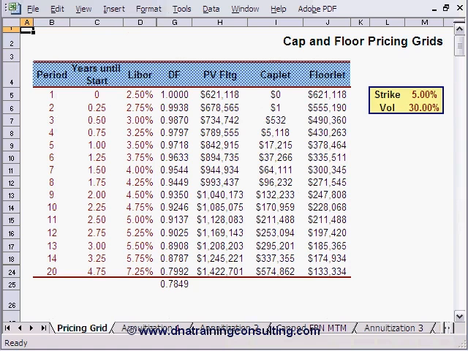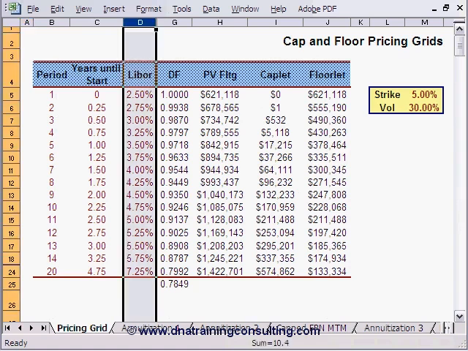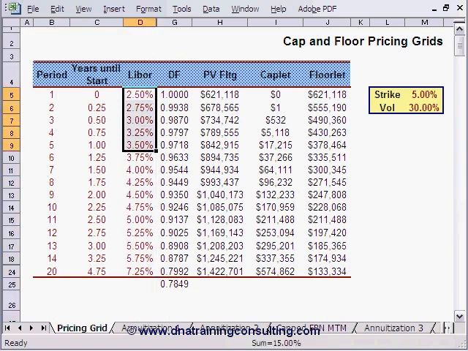The LIBOR spot and forward curve is shown in this column D and is visibly quite steep in the present case, since LIBOR spot is 2.5%, whereas subsequent LIBORs are each 25 basis points higher, as you can see, reaching 7.25% after 20 quarters.